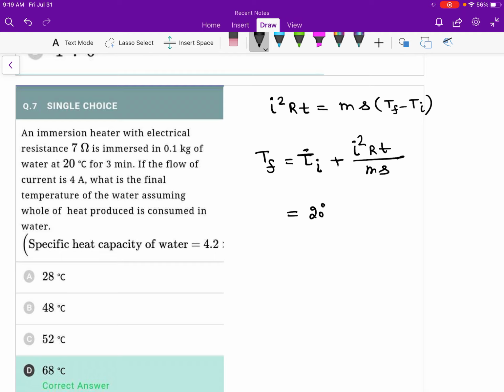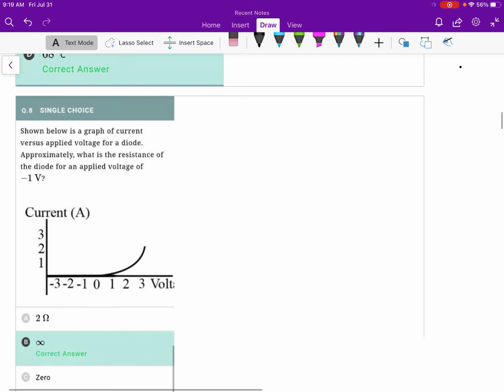T initial is 20 degrees Celsius, and I square is 16, resistance is 7, t is 3 into 60, m is mass 0.1 kg, and specific heat is 4.2 kilojoule per kg, so 4.2 into 10 to power 3 joule. All right, so 6 sevens are 42. This is 0.42, so 60 into 7 is 420, and here it is also 420, so 20 degrees plus 48 degrees, so that is 68 degrees.